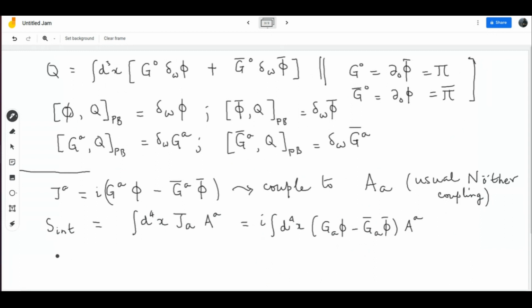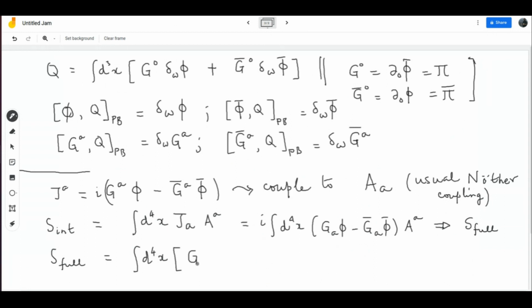And when we do that, we have the full action now. S full, which I should perhaps write down as fully as possible.